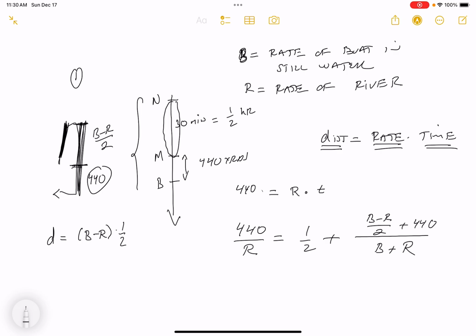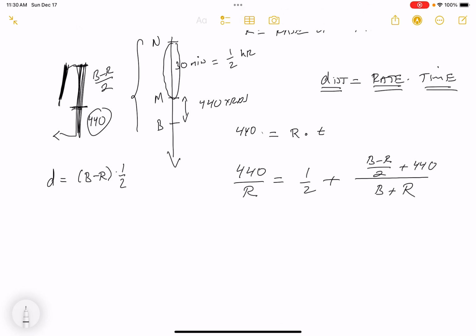I'm going to multiply both sides by 2, because I'm seeing a complex fraction, and I want to get rid of some of this stuff over here. So you get 880 over R, since 2 times a half is 1.